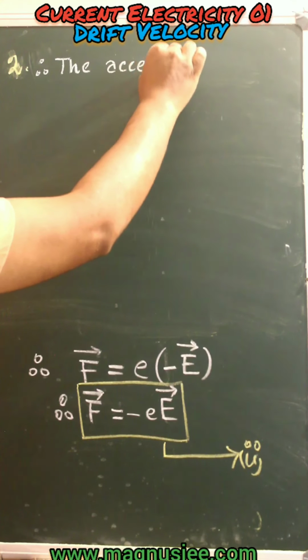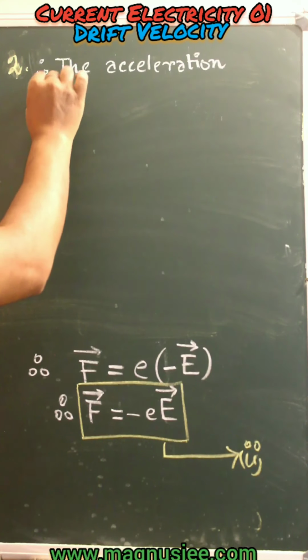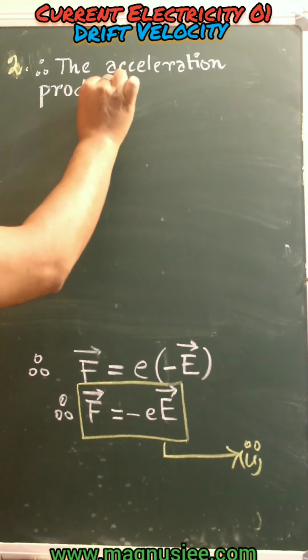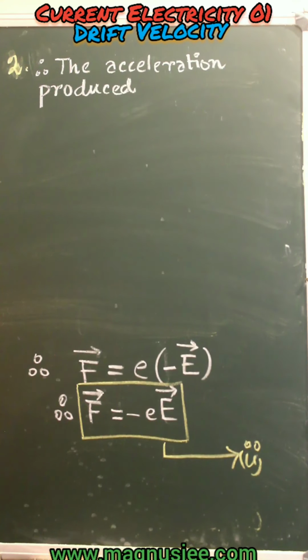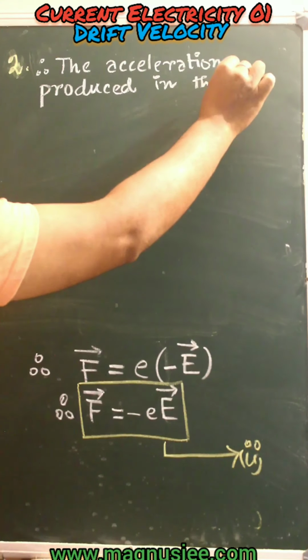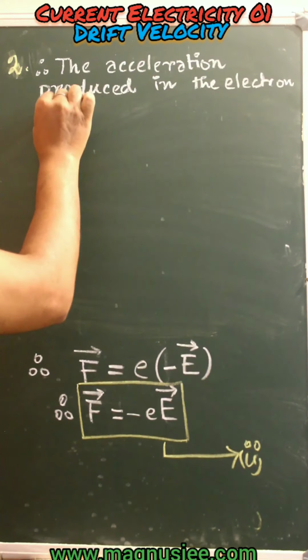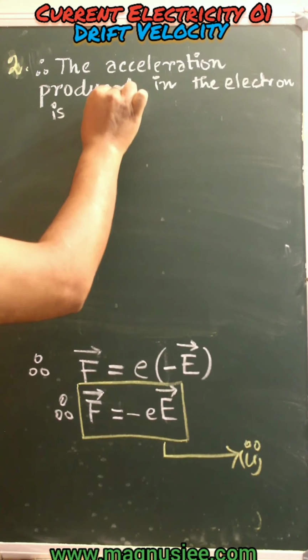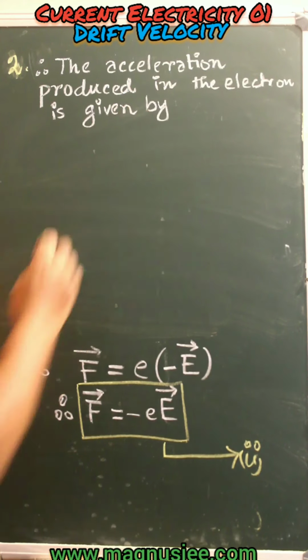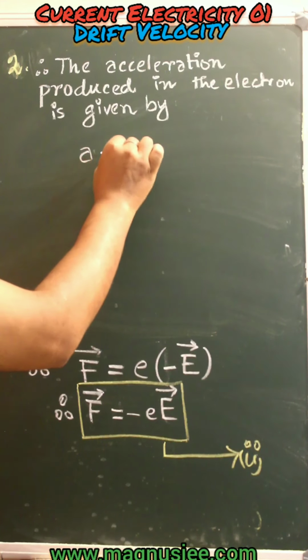Therefore, the acceleration produced in the free electron is given by a equal to F by m.